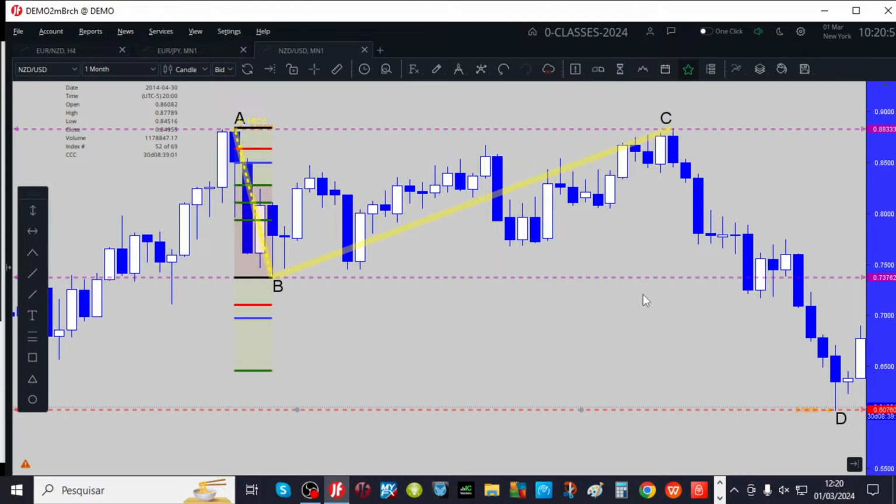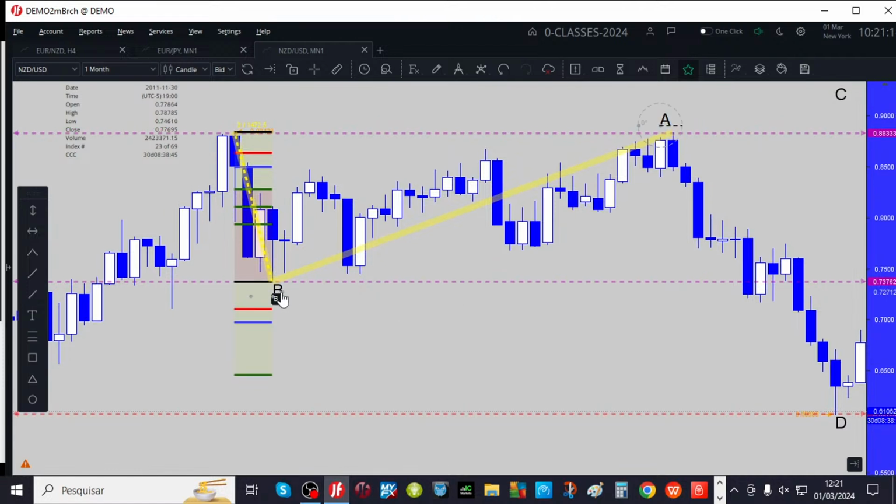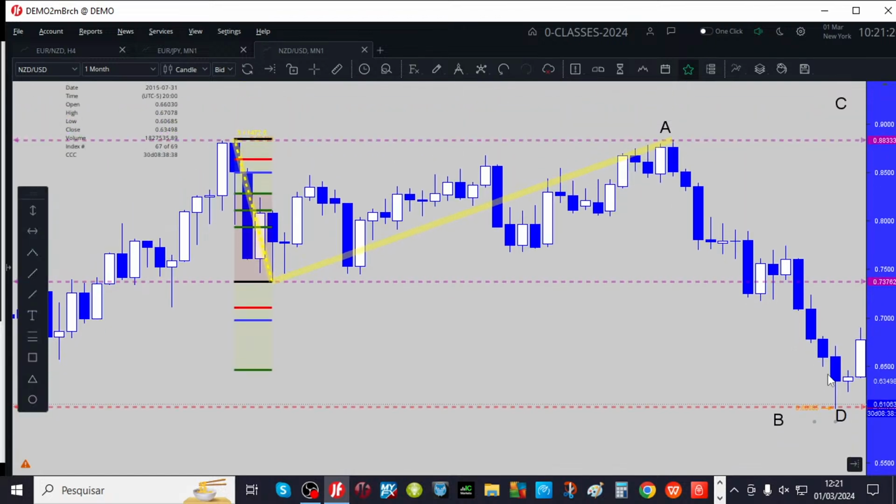Alright, everybody? Now, you've learned already yesterday, we need to readjust the Fibonacci. A goes to C. A goes to C. Give me a second. A goes to C. B goes to D, right? B goes to D. This is going to be somewhere else.